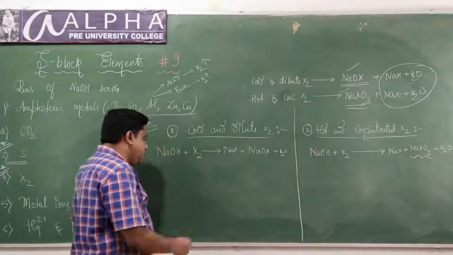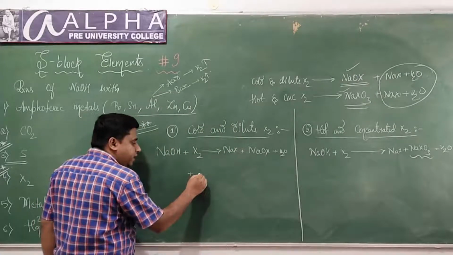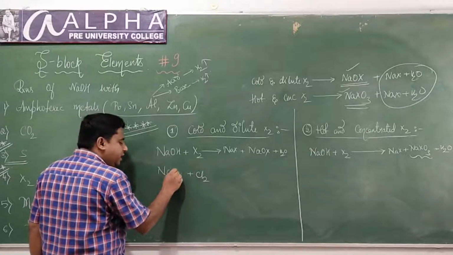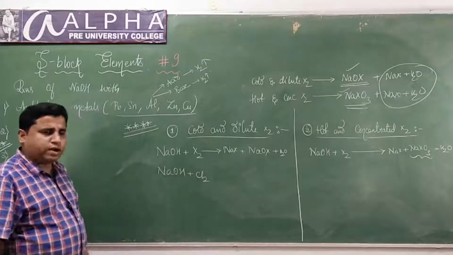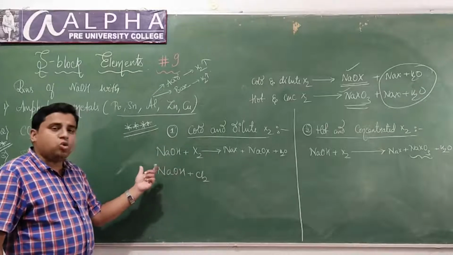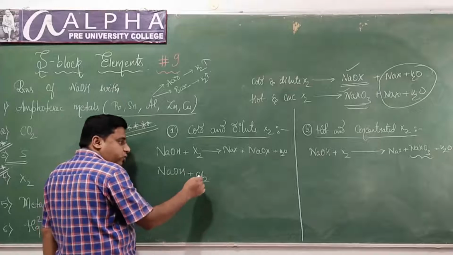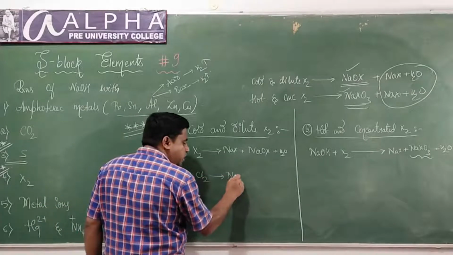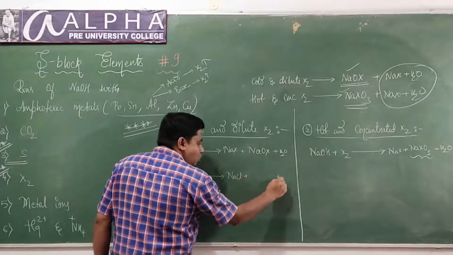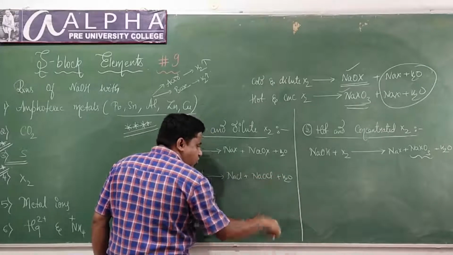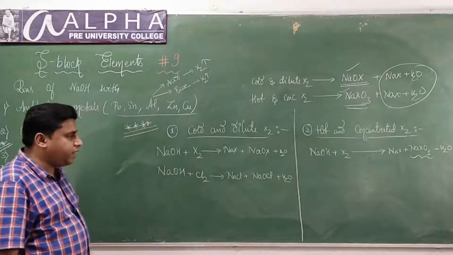So for example, what happens when chlorine reacts with cold and dilute NaOH? It is going to form sodium chloride, water and sodium oxychloride.